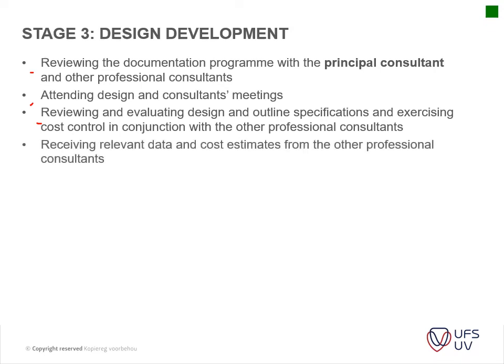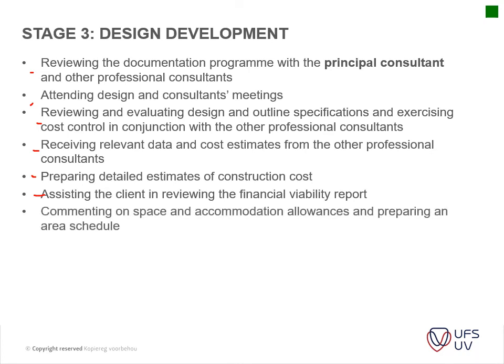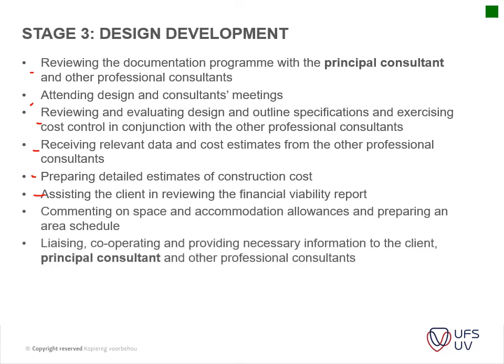That type of thing. Okay, sourcing of information, preparing detailed estimation of construction cost, assisting the client in reviewing the financial viability of the project. Will this project actually be able to generate the income? Commenting on space allocations again, liaison with and cooperation with the principal consultant and other professions, providing necessary information to the client.